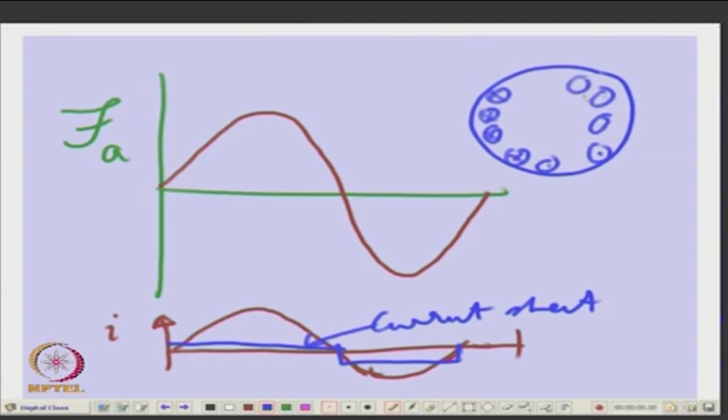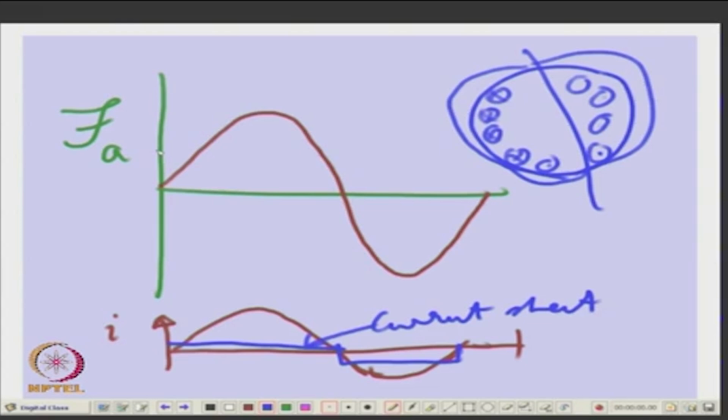Others are all negative. So, this is a positive current sheet and this is a negative current sheet, that is what it means. So, in order to give sinusoidal MMF, the current sheet must also have a sinusoidal distribution of current density, right.